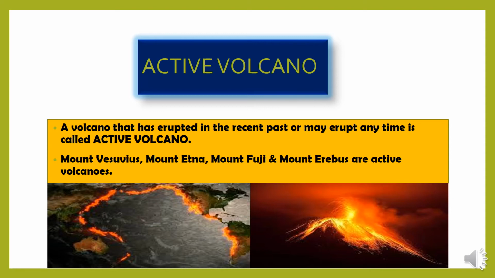You can see it in the picture. Mount Etna, Mount Erebus and Mount Fuji are well-known examples of active volcanoes. They may erupt anytime or may have erupted in the recent past.